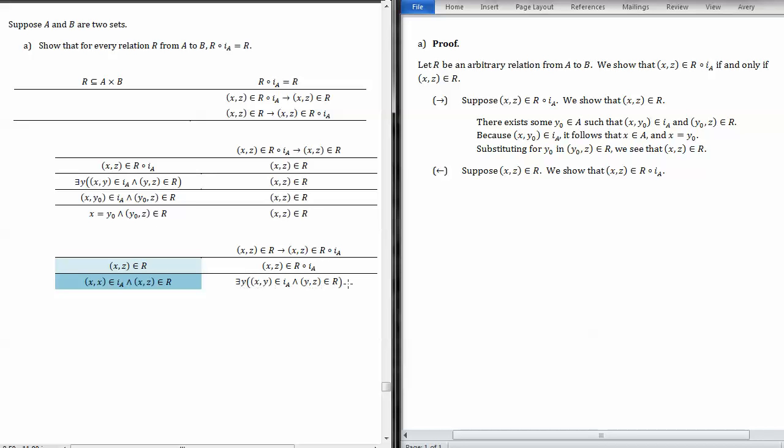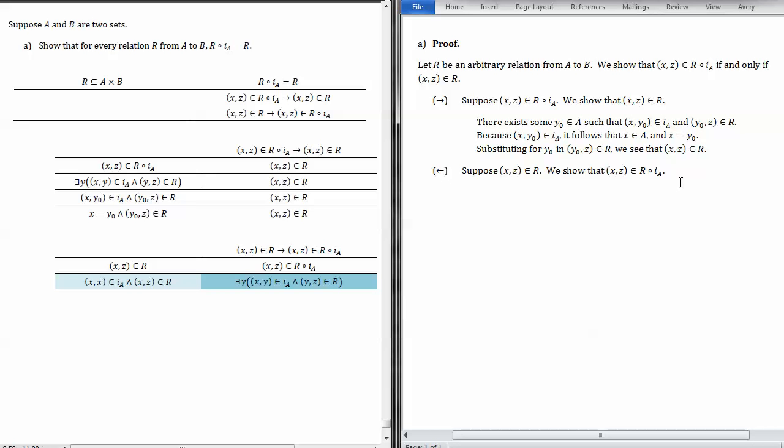I'm looking at this as my goal, and I already have something like this form, right? y, z is in R. Well, maybe I want the y to be x. And if I want this y to be x, then I want that y to be x too. So I need to get that x, x is in the identity on A, and it definitely is by definition, right? So this is basically a tautology. I'm just adding it on to what I already know, and that gives me what I want, for y equal to x.